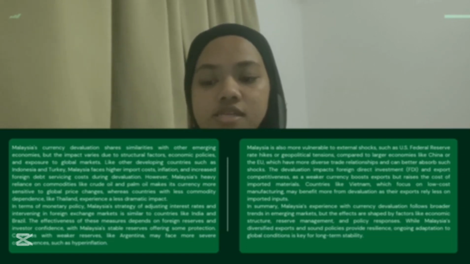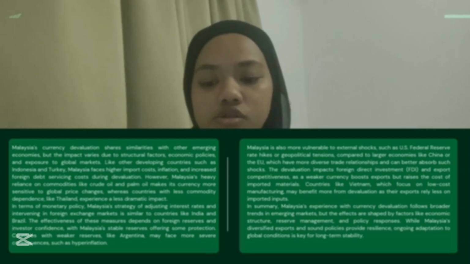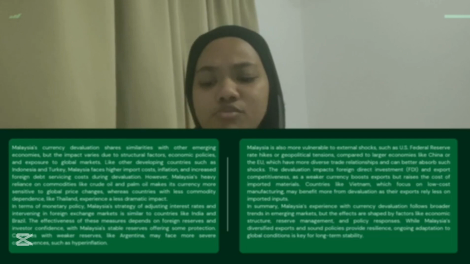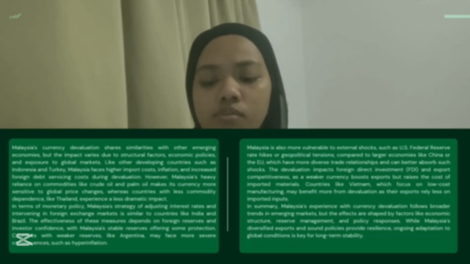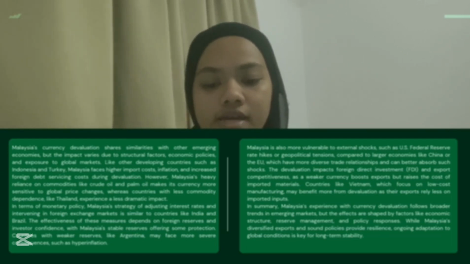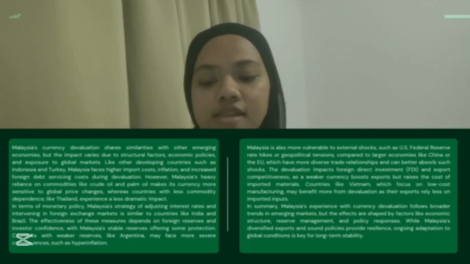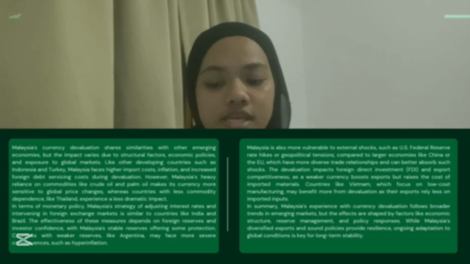However, Malaysia's heavy reliance on commodities like crude oil and palm oil makes its currency more sensitive to global price changes, whereas countries with less commodity dependence like Thailand experience a less dramatic impact.